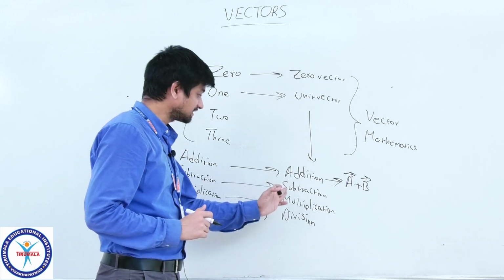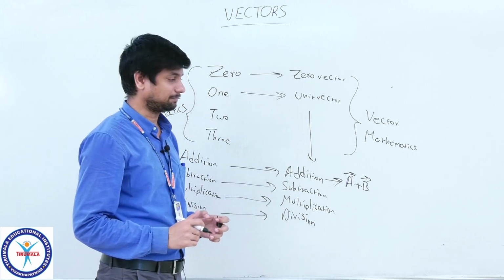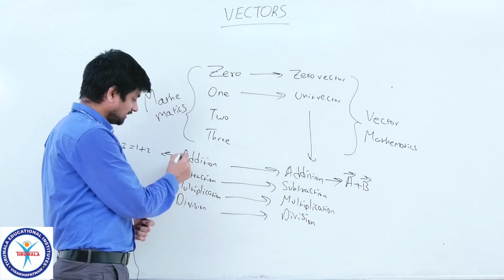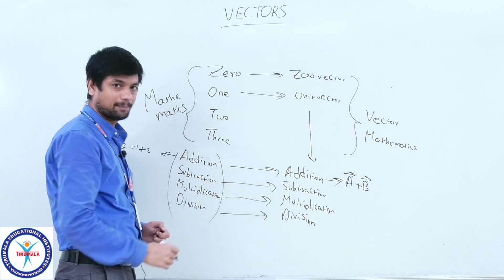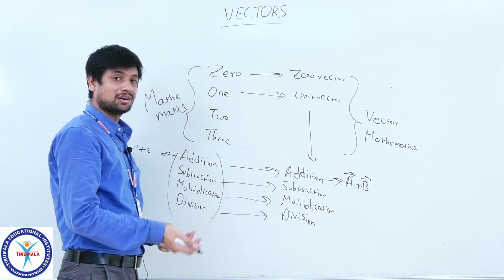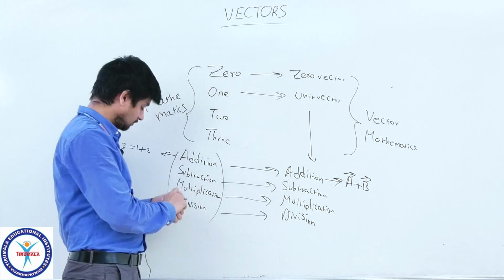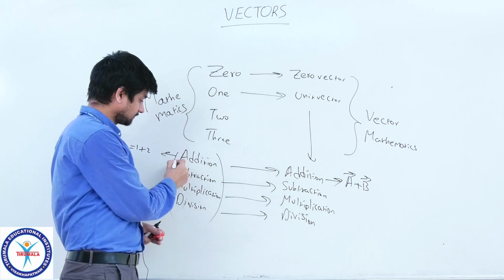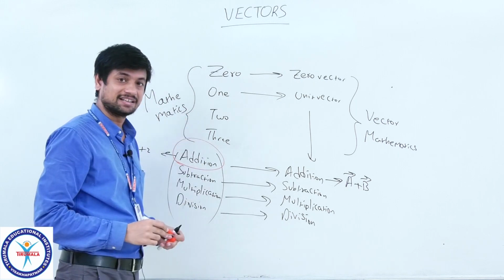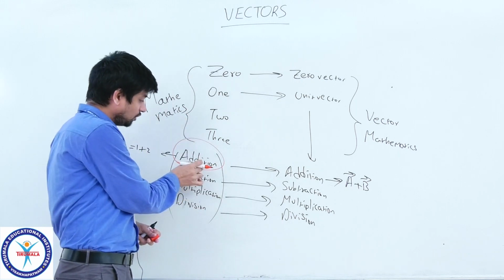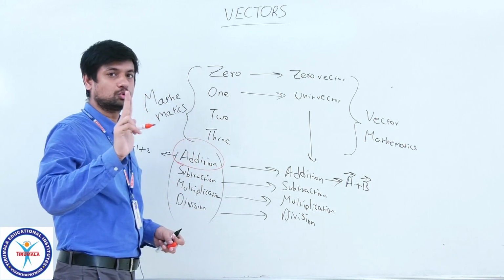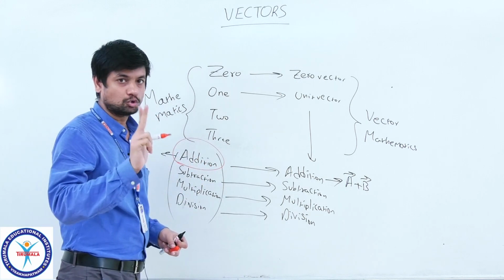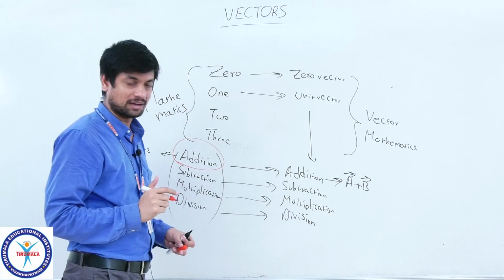And subtraction. But keep it in mind, in mathematics you have these many operations, but according to what I have learnt, we have only one operation, that is addition. Addition means adding two things, summing two values.